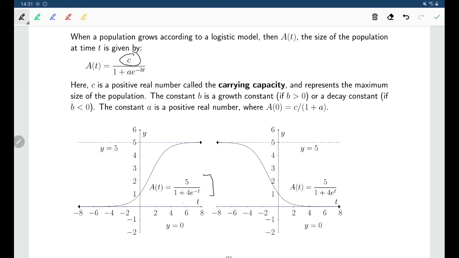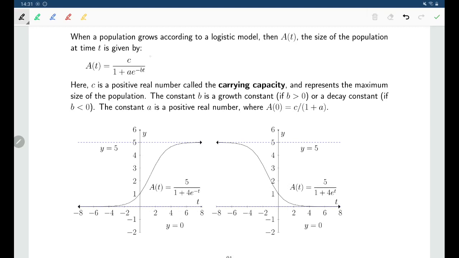And so as time goes on, we'll reach the maximum population size, or we'll get close to the maximum population size of 5, but we won't go past it. So our population will increase for a while, but after we get about halfway to that maximum population size, we're starting to run out of room, and so our population will grow slower and slower and slower, tapering off to that maximum population size.